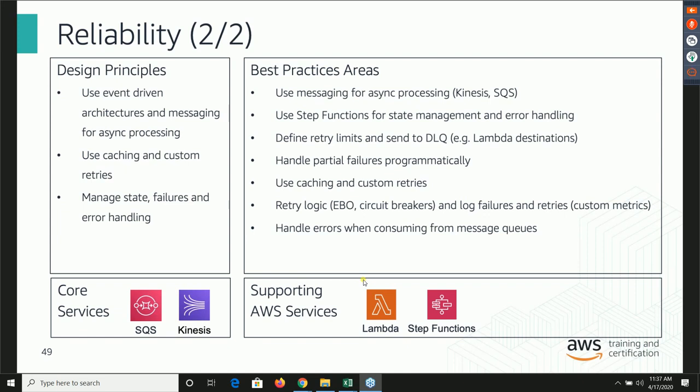And like I said, you can also use DLQs to handle errors when consuming messages from message queues, so that even when you're doing asynchronous processing, you do not lose out on any data or invocation that you might need to process.